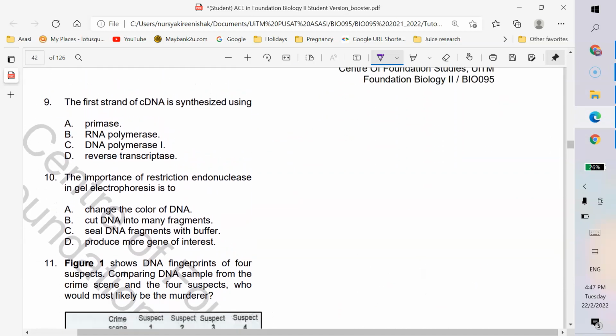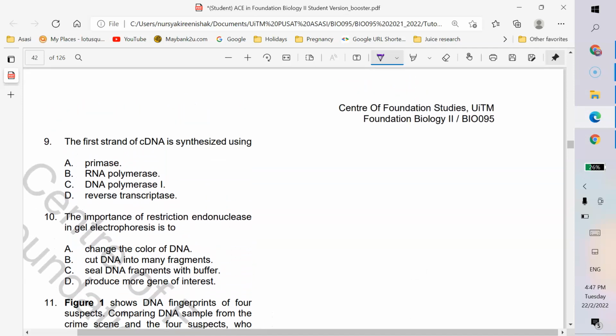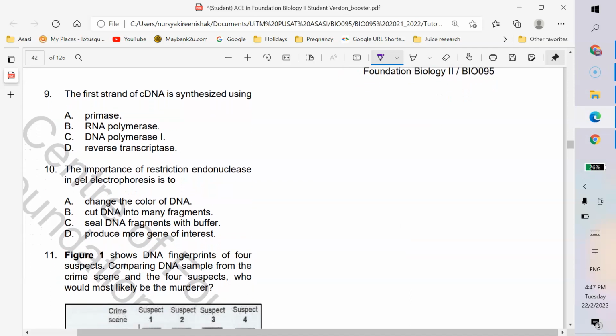Okay, so Ku Ahmad Hazim, number 9 please. We will finish until question 11. Okay, this is the repetition of the previous question.